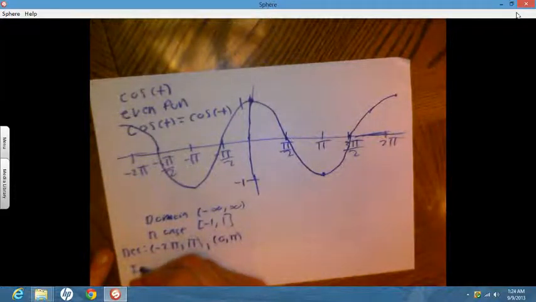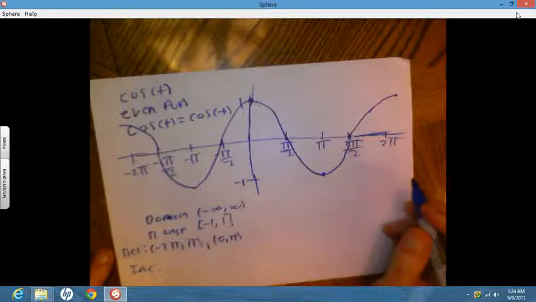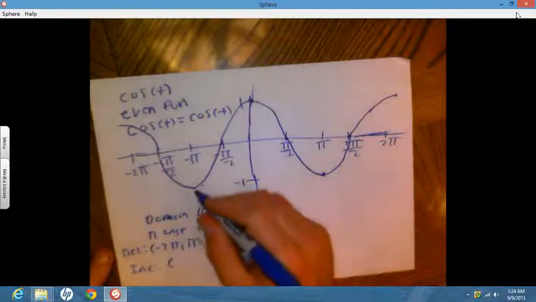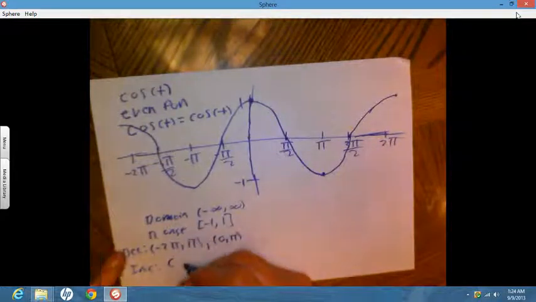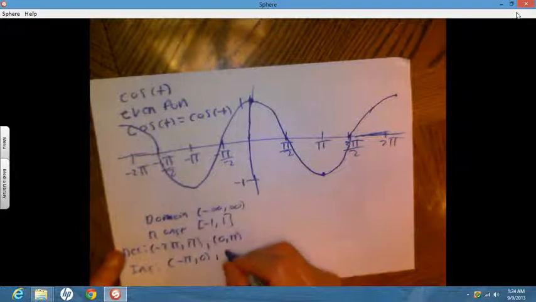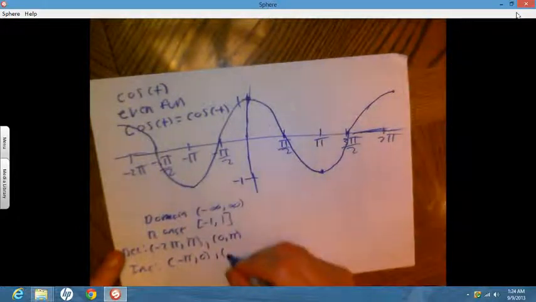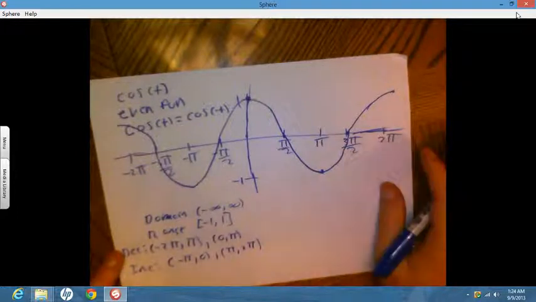And again, these patterns will just keep repeating, and pi to 2 pi. You can extend these patterns past 2 pi and negative 2 pi, I'm just restricting myself to this domain, at least for drawing it. I can't draw all real numbers.